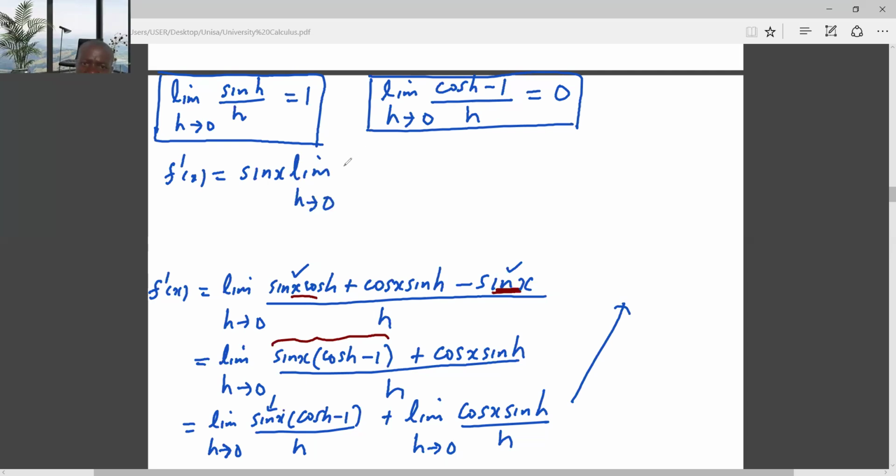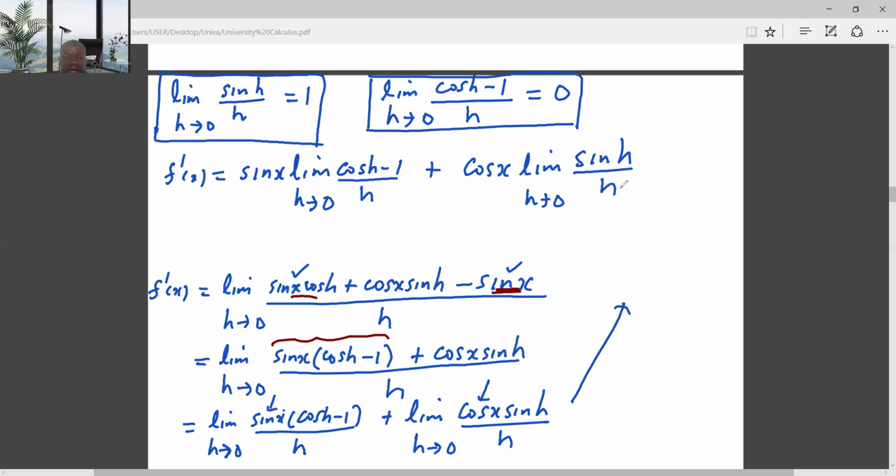We're going to remain with cos h minus 1 over h plus, I do the same here because cos x is not a function of h. I'm going to pull it out, so I'm going to remain with the limit when h approaches 0 of sine h over h.